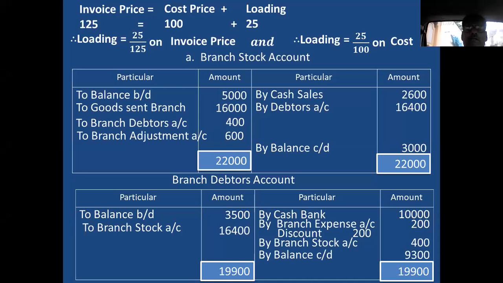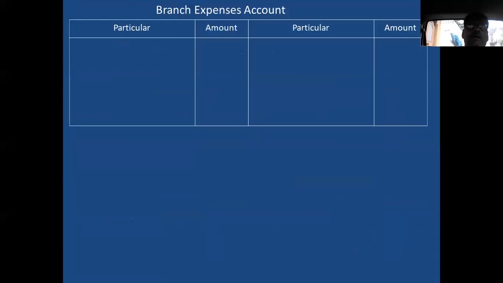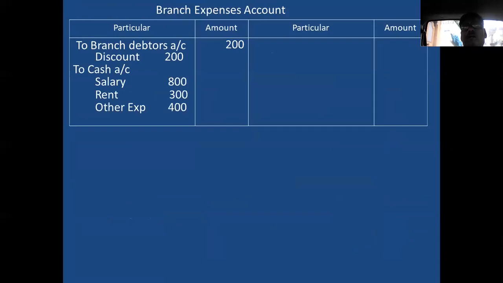Then next is the expense account. In the expense account, first to branch debtors, under that discount. Next, cash: under that, rent, expense and salary, three items. Total of this is 1,500. Take the total: 1,700.